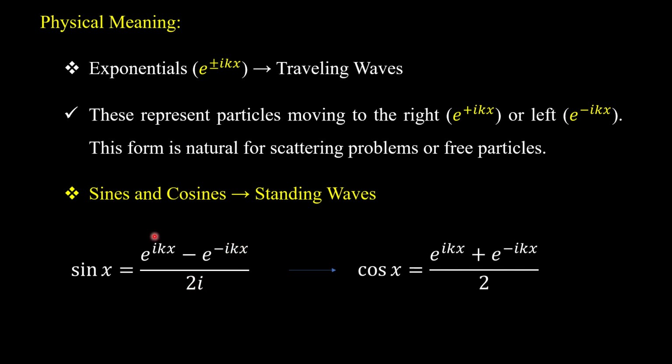So it's a linear combination of two traveling waves in opposite directions, right side and left side. Similarly, cos kx can be written as (e^(ikx) plus e^(-ikx)) over 2. This is also a linear combination of two traveling waves in opposite directions. That is very important. This is the physical significance of this problem.